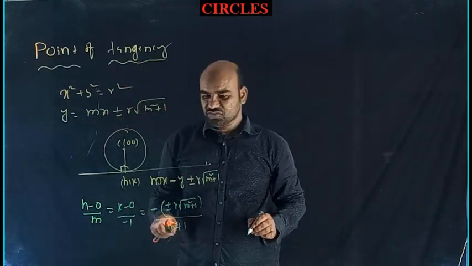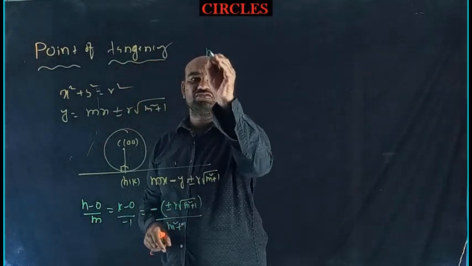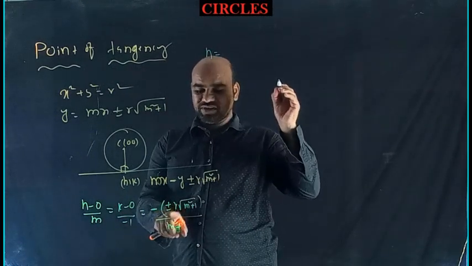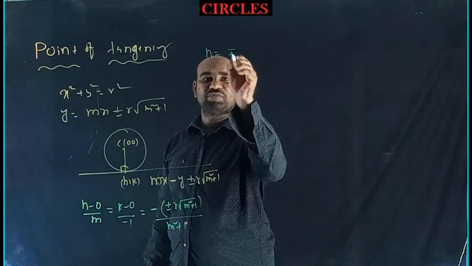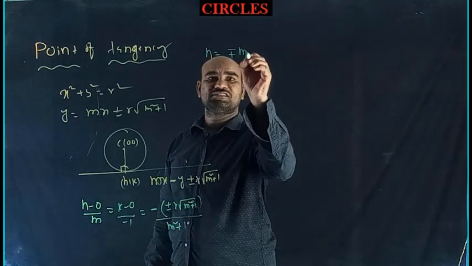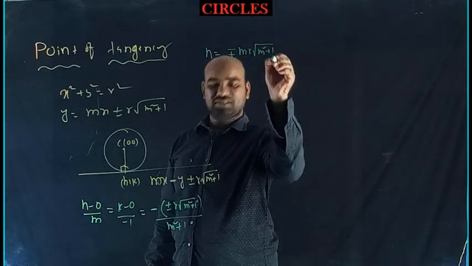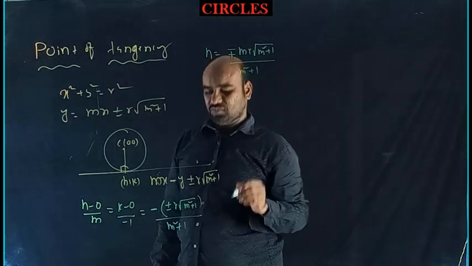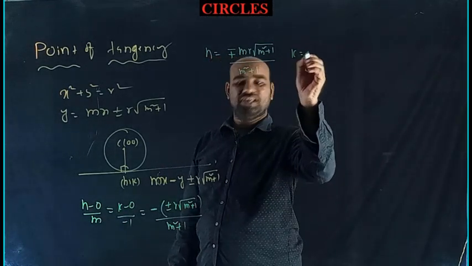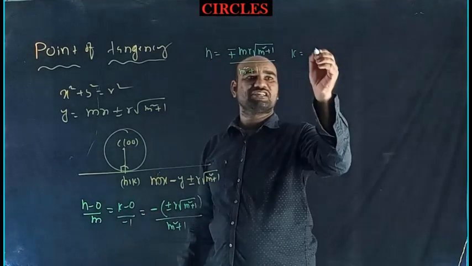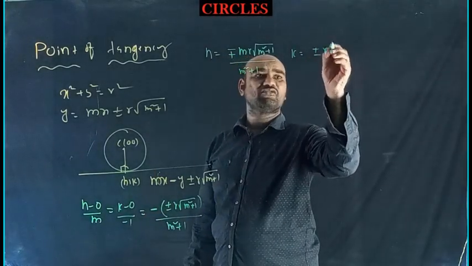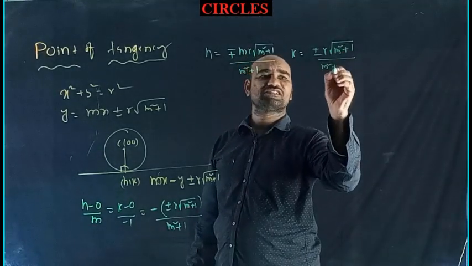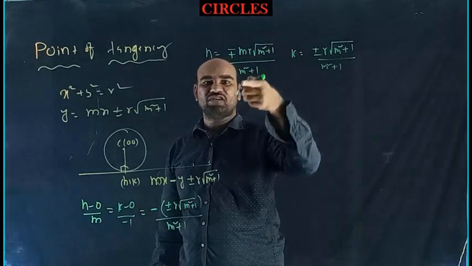Okay, so directly I can say here h equals minus into plus r minus minus r plus mr into root over m square plus 1, by m square plus 1. So k I want, k equals this minus plus r minus r into root over m square plus 1 by m square plus 1. Just like root x by x means one root x cancels.